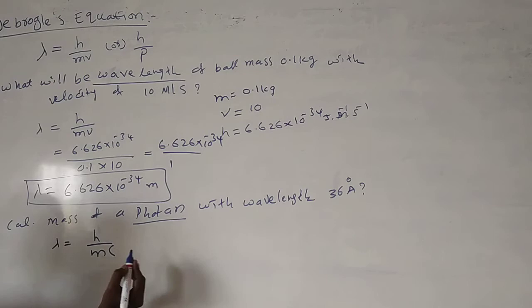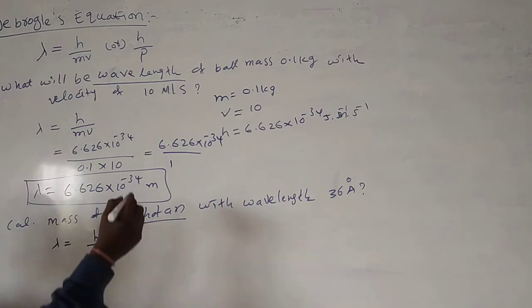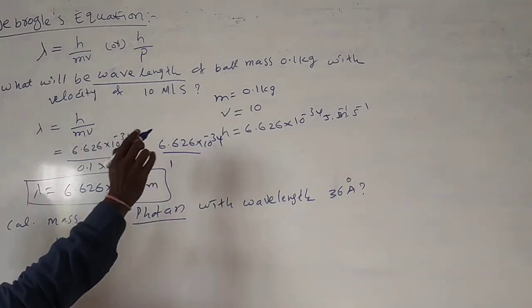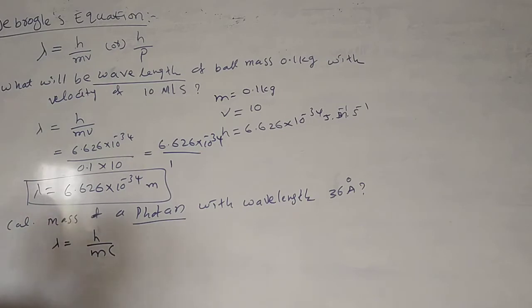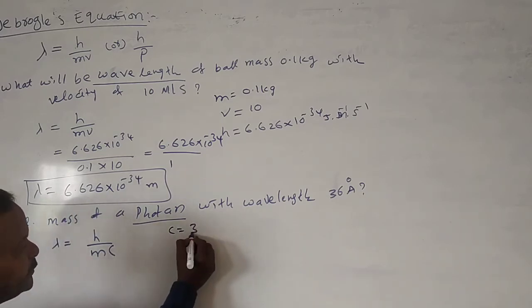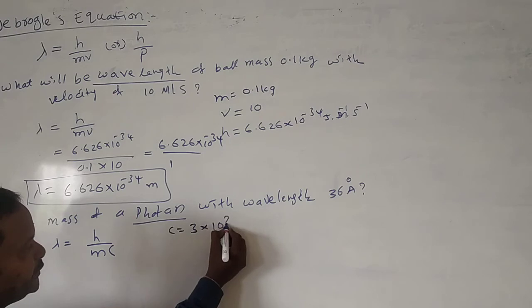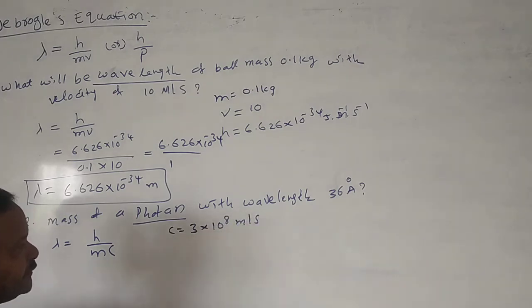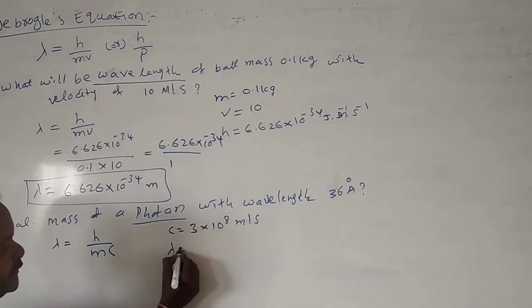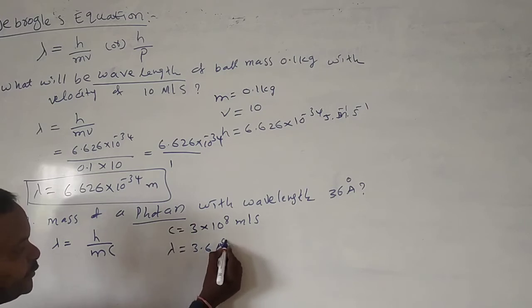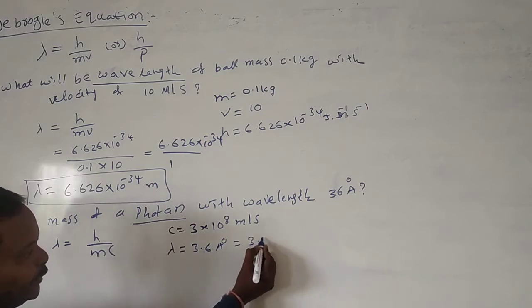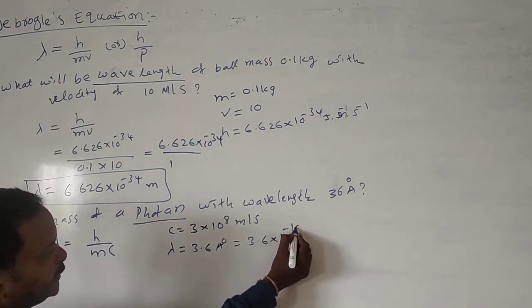For an electron we use the direct velocity of the electron, but for a photon we use the velocity of light. c is equal to 3 into 10 to the power of 8 meter per second. And lambda is equal to 3.6 angstroms, which means 3.6 into 10 to the power of minus 10 meters.